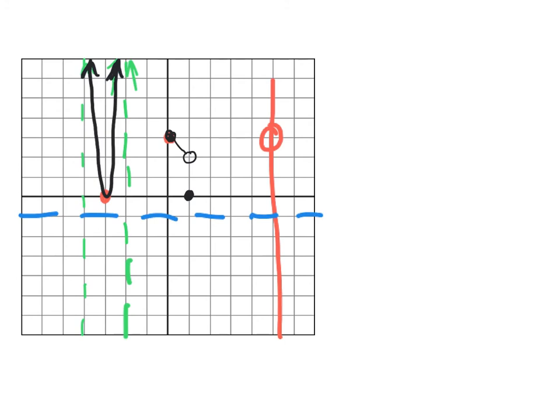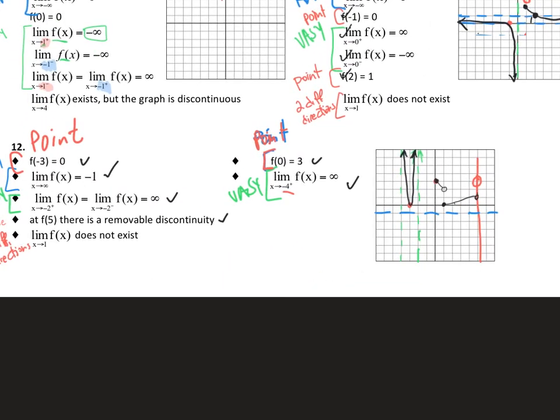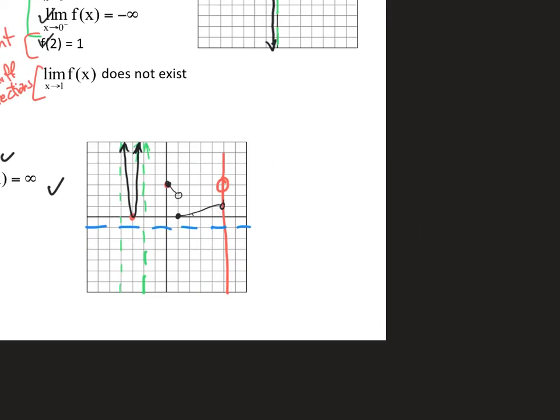And then I need a removable, so I need a hole, and it doesn't matter where, somewhere along this line that I put in there. So I'll do a hole like that. And then as I approach positive infinity, my y's are approaching, where'd that one go? -1. So I just need to make sure that I'm showing some sort of end behavior occurring here as we approach this.